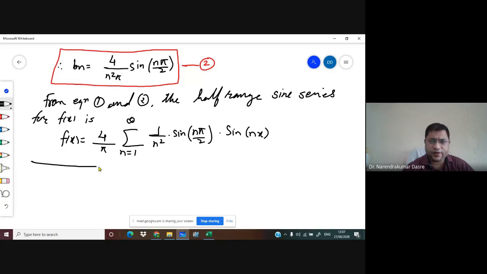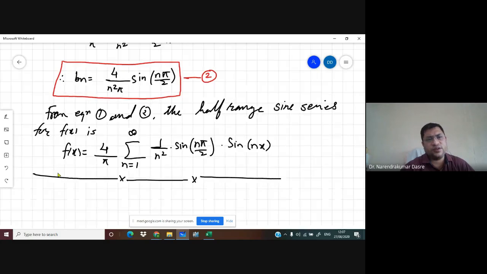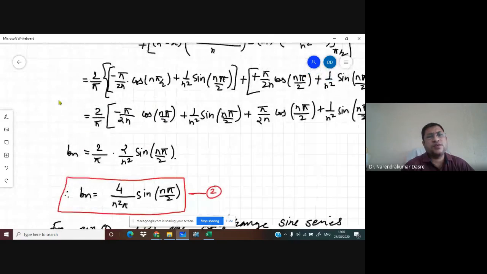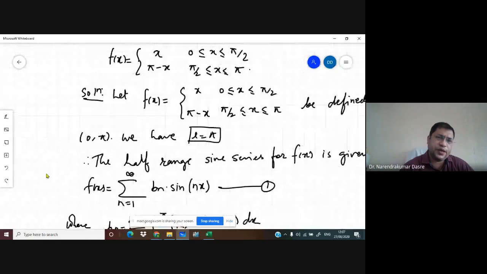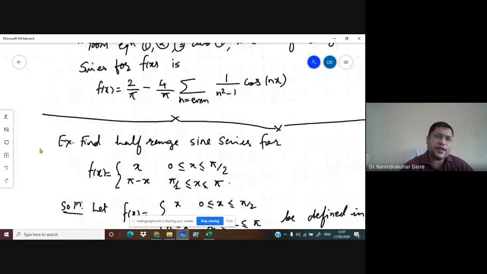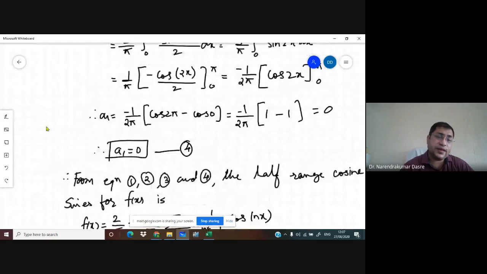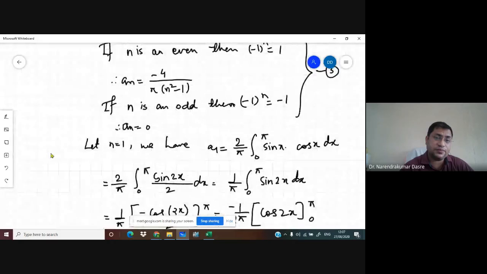So this way we are able to find the half range sine series for the function f of x. So in the sine series, we just have to calculate Bn. In the cosine series, we have to calculate a0 and an.